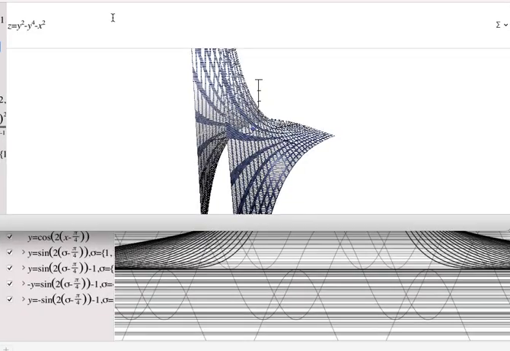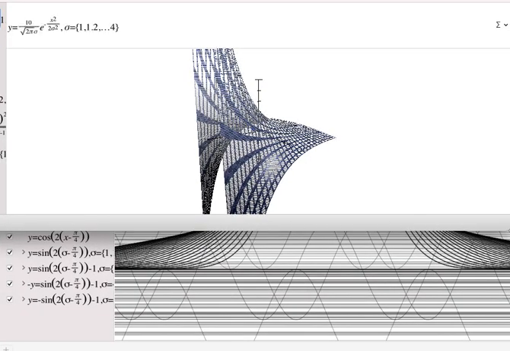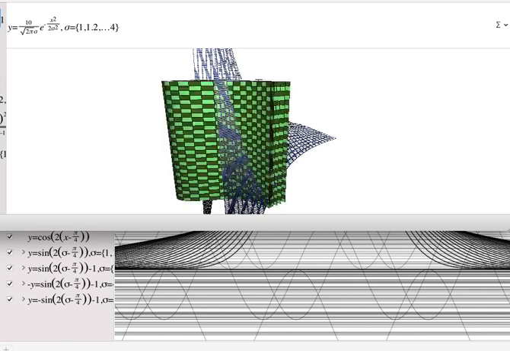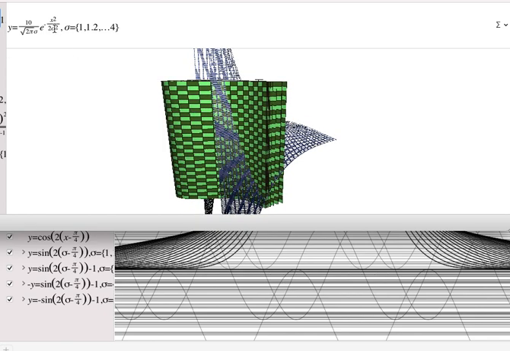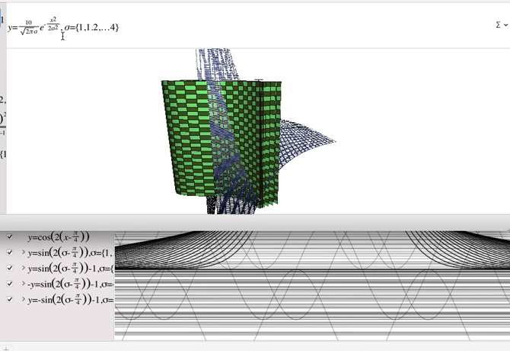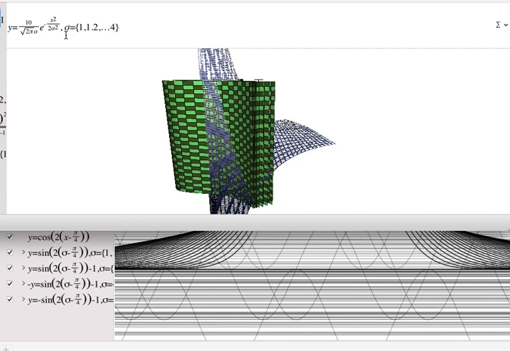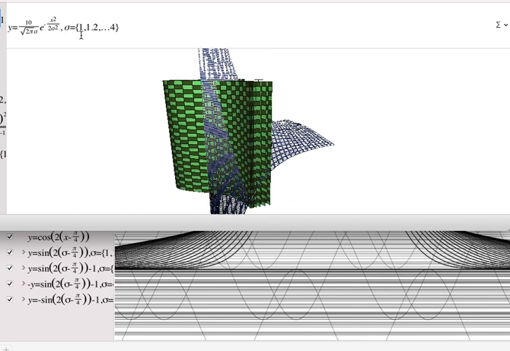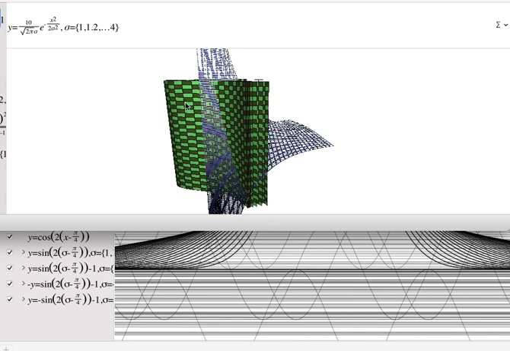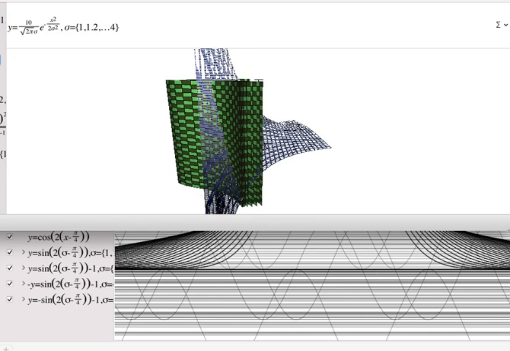Pretty sure it's where it was. It was probably this one, and I just ended up changing it. 10 to e x squared. Oh, that's what I did. It's our perspective. Sorry, it took so long.